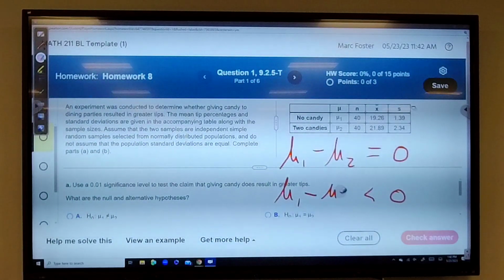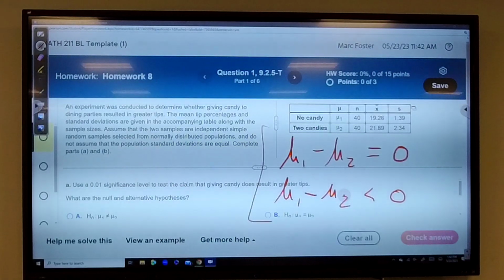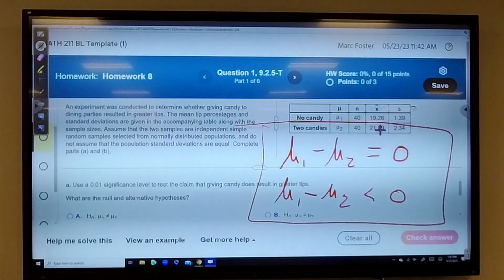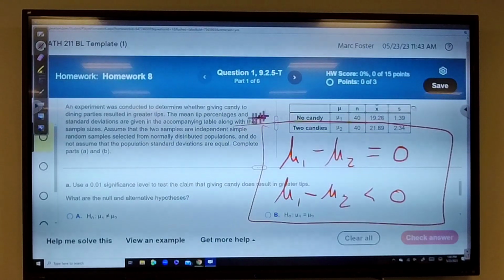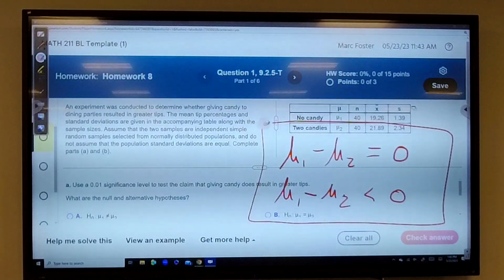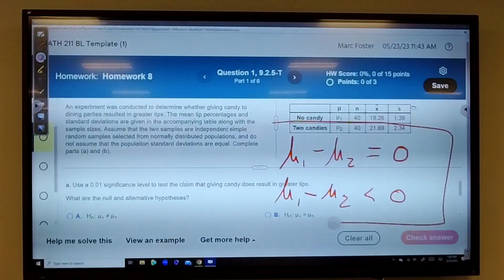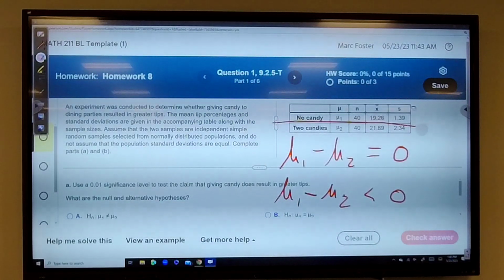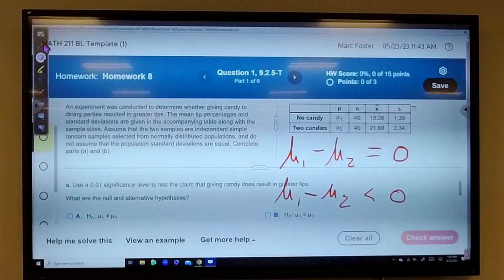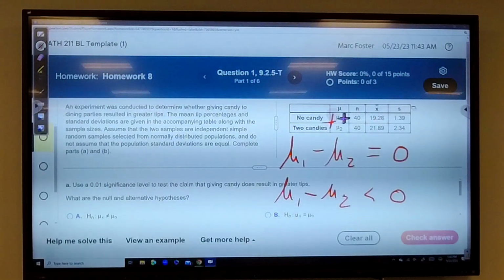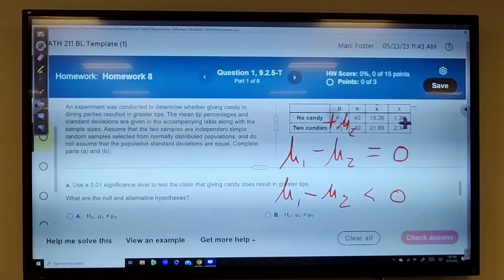Now, this writing, this is how StatCrunch looks at it. Okay? This is how StatCrunch looks at it. But in the homework, what they have done is an equivalent statement. Just add mu2 to both sides.